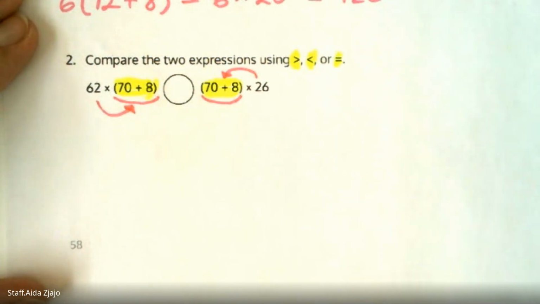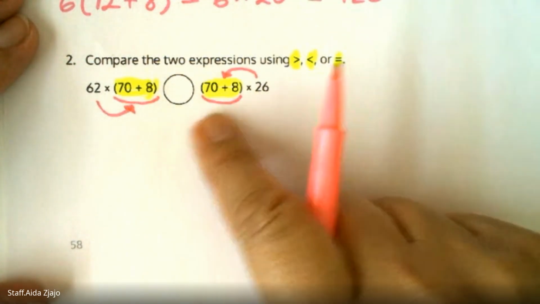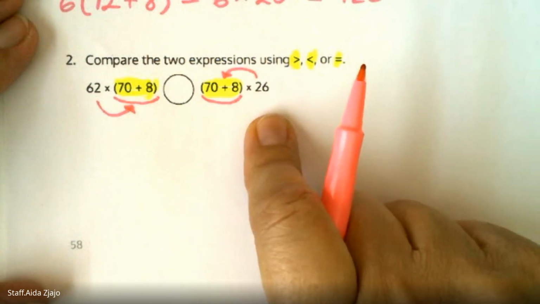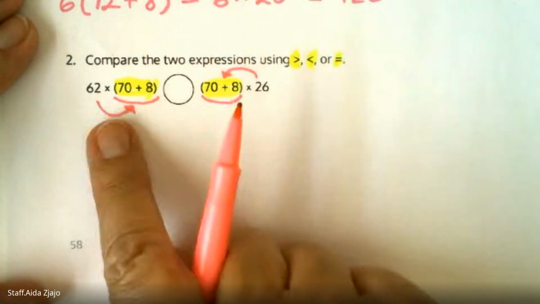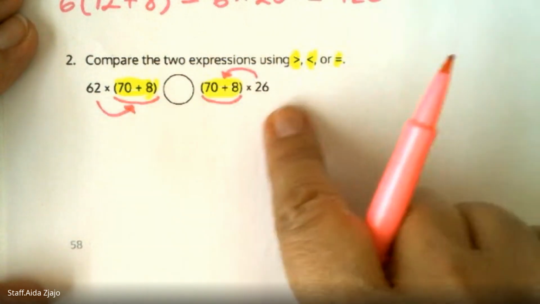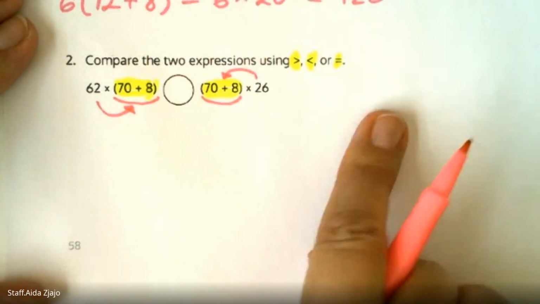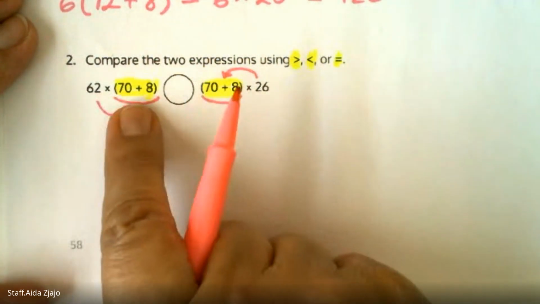The commutative property works. So I could put 26 first and then 12 plus 8 in parentheses. So it would be like 62 groups of this and then 26 groups of this. So who has more groups? 26 groups of this or 62 groups of this?